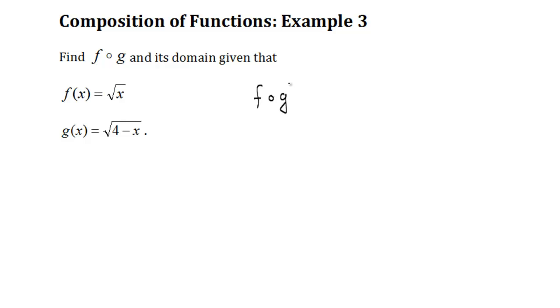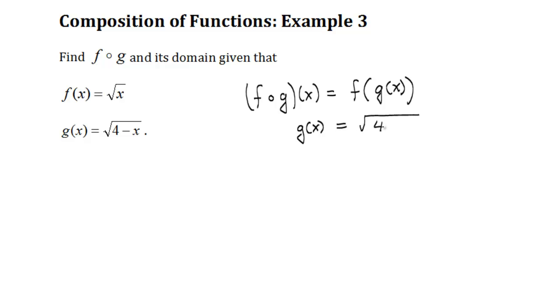We know that f compose g of x can also be written as f as a function of g of x. So let's start out by writing what g of x is. g of x equals the square root of 4 minus x.